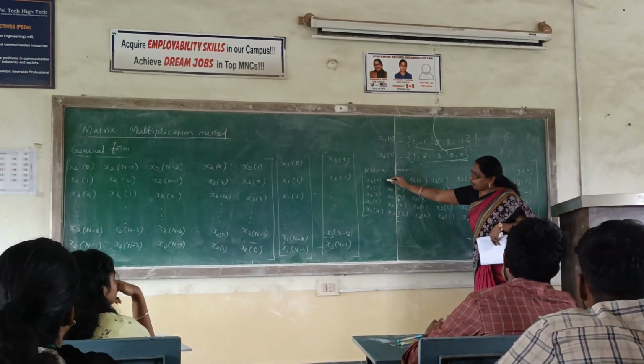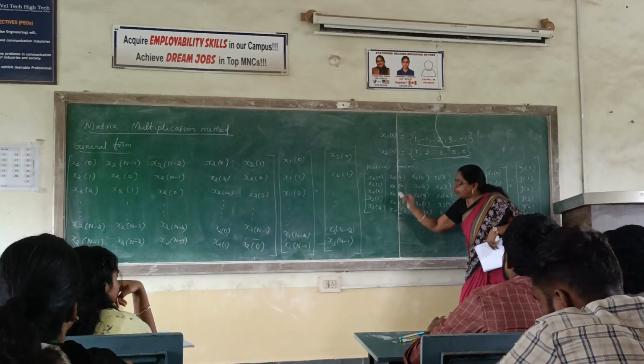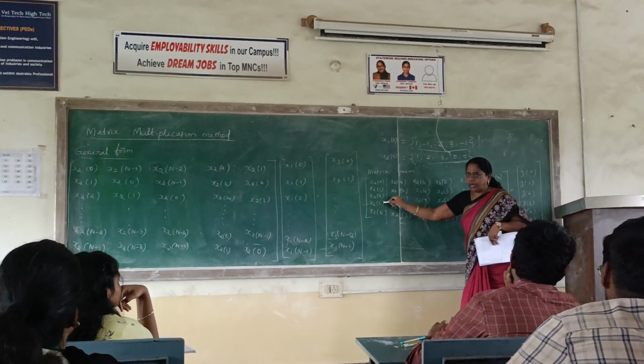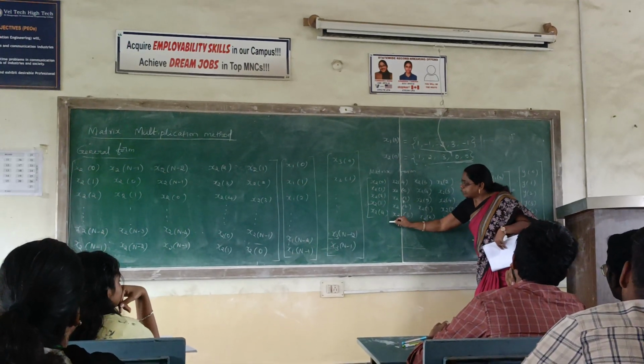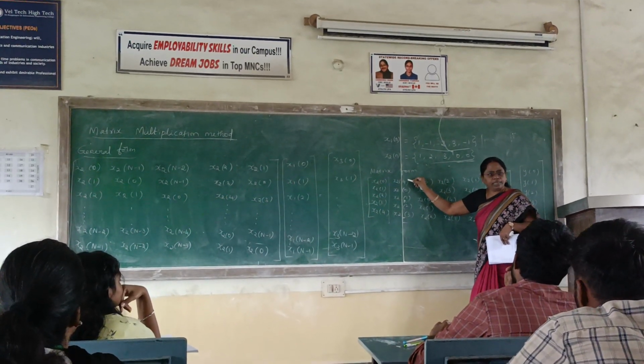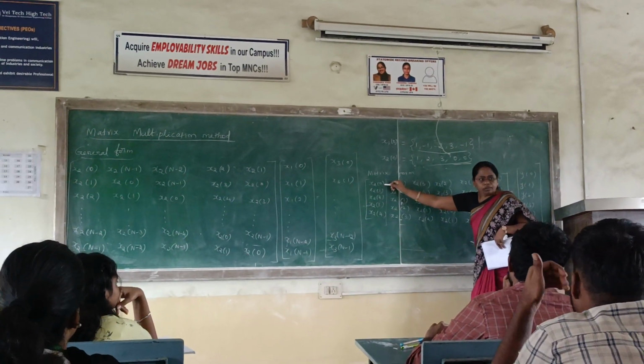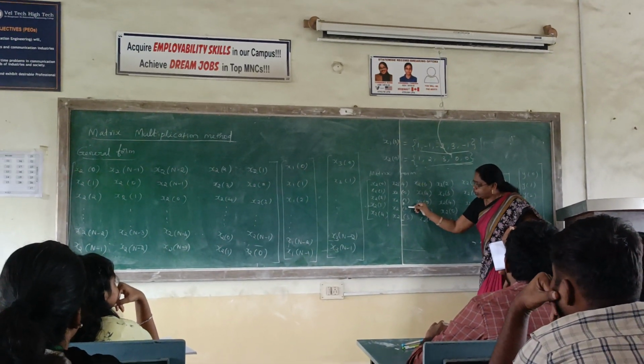Matrix form. Again, you are writing. This is how you have to write x2 of 0, 1, 2, 3, 4. What am I supposed to do? x2 of 4 at the top, and the remaining things are x2 of 0, 1, 2, 3.